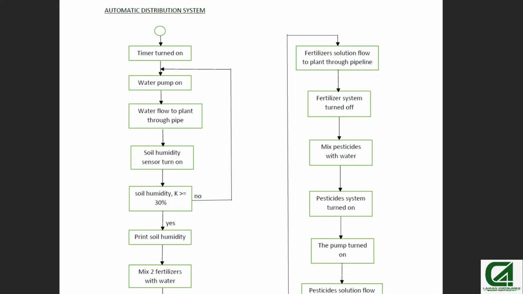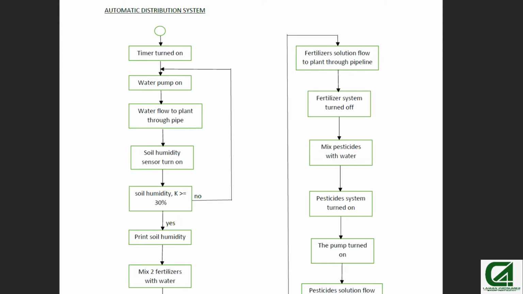Now we move on to the automatic distribution system flowchart. First, the timer turns on, then the water pump turns on, and water flows to the plants through the pipe. The soil humidity sensor turns on. If the soil humidity reading is more than or equal to 30%, then yes, it will print the soil humidity. If no, it will go back up to the water pump. After that, mix fertilizer with water.